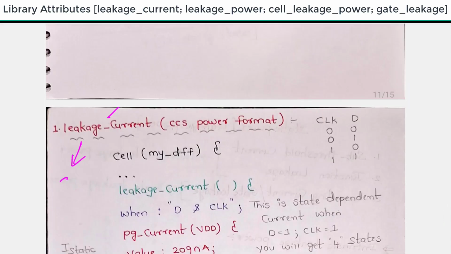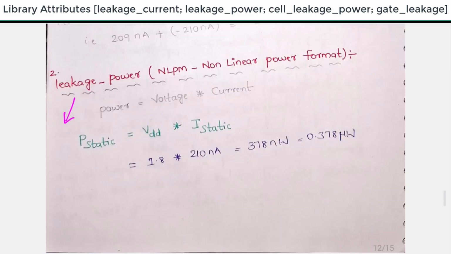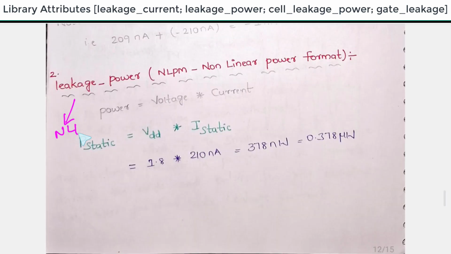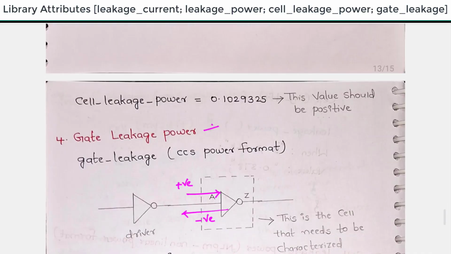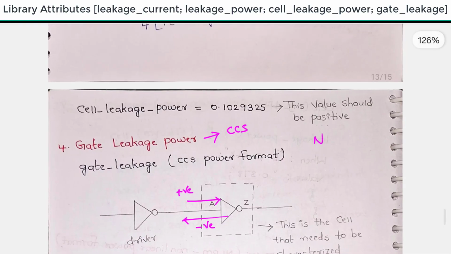Leakage current falls under CCS, leakage power falls under NLPM, cell leakage power falls under NLPM, gate leakage power falls under CCS, composite current source. And nonlinear delay model, these two are present, NLDM, CCS. NLPM is nonlinear power modeling. So this is about static power in power characterization.